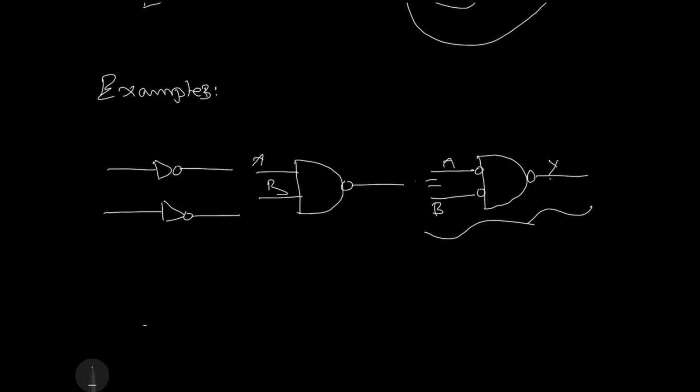Previously we talked about if we add two inverters to the input side of the AND gate, we actually get a NOR gate. So this part is a NOR gate.